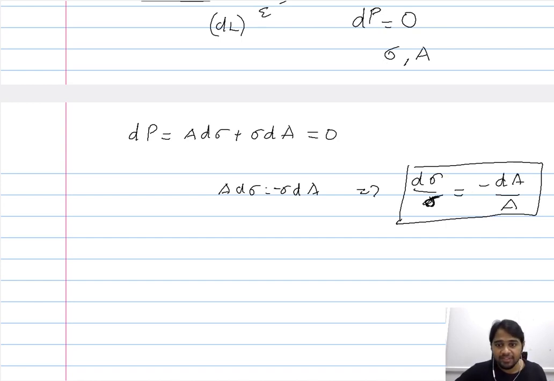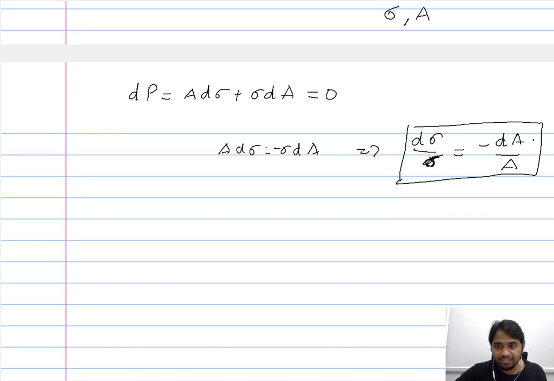Now given that this is nothing but the change in the area with respect to the original area, that is nothing but the description of the strain that we have with us. So what we are essentially talking about is relating the change in the stress to that of the strain.